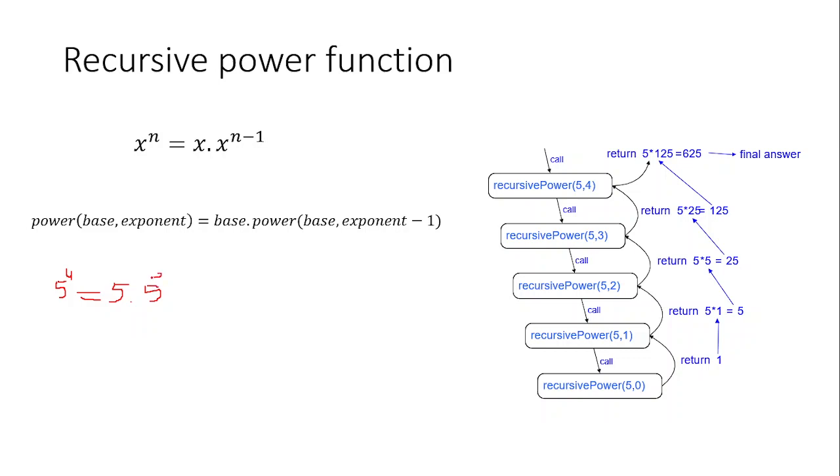And similarly, you can find 5 cube as 5 multiplied by 5 square, and similarly you can find out 5 square as 5 multiplied by 5 raised to the power 1, and similarly you can find 5 raised to the power 1 as 5 multiplied by 5 raised to the power 0.